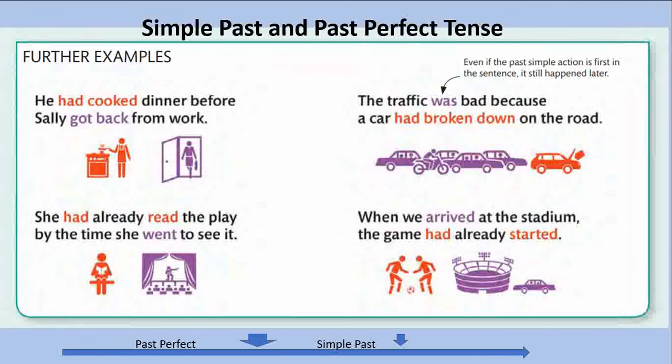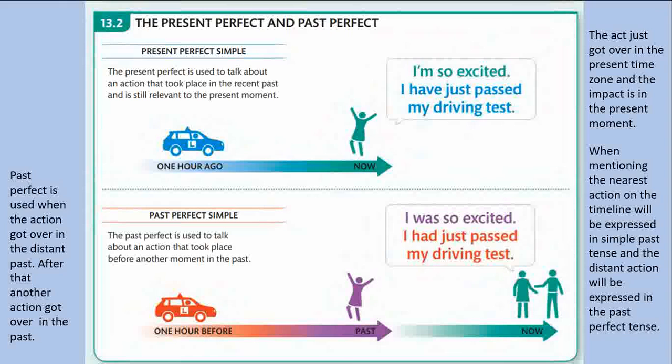Let us see one such example where we see the difference between present perfect and past perfect. The top part is regarding present perfect. The present perfect is used to talk about an action that took place in the recent past and is still relevant to the present moment. That means some impact of the event is there in the present zone.